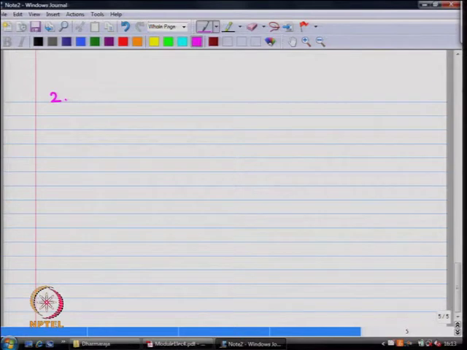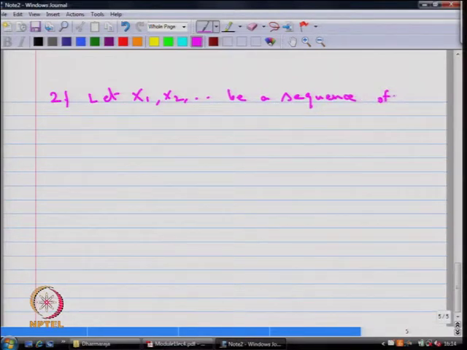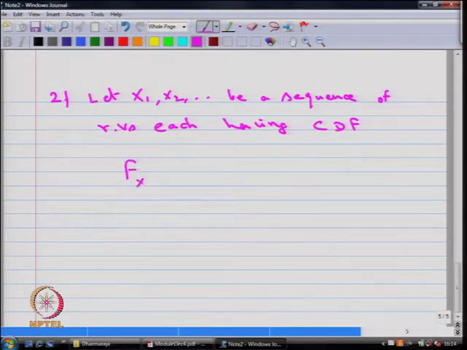let x1, x2 and so on be a sequence of random variables, each having CDF, cumulative distribution function, F suffix X n of x.